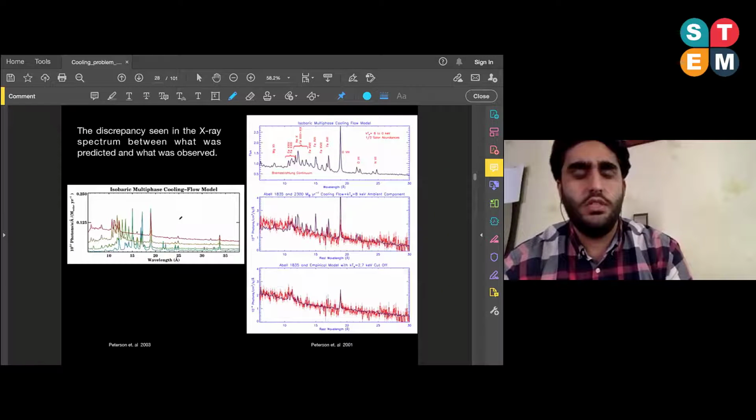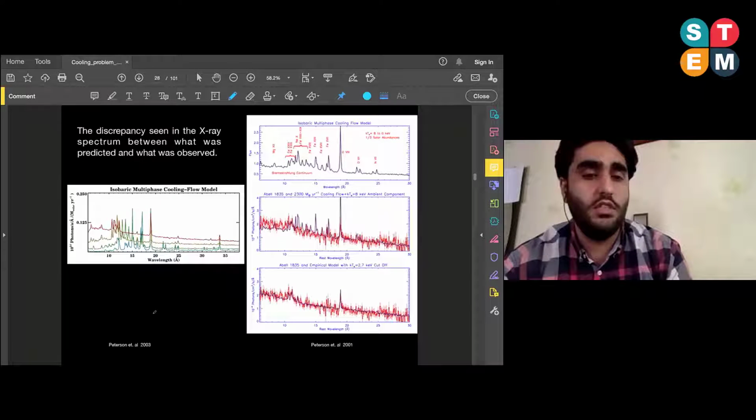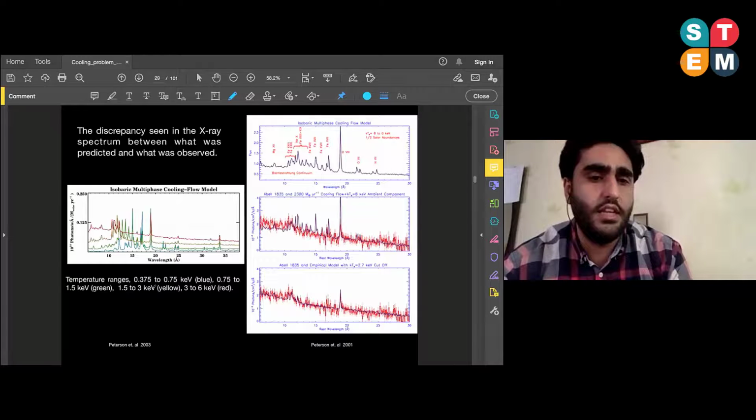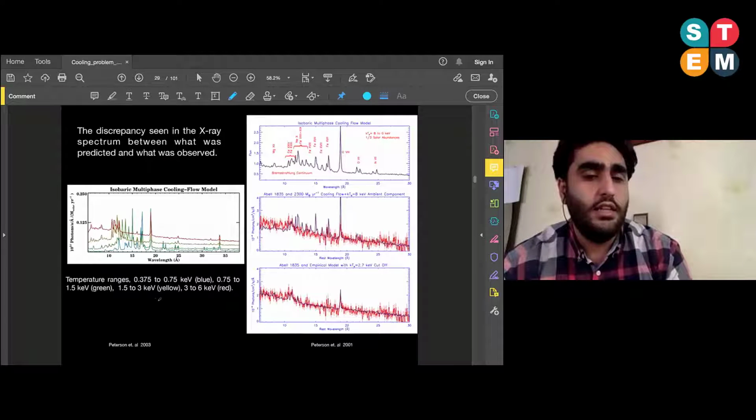This is a problem that shows itself, and we have to take into account this important effect. Here you can see the consequences of changing the integration temperatures on a spectrum.